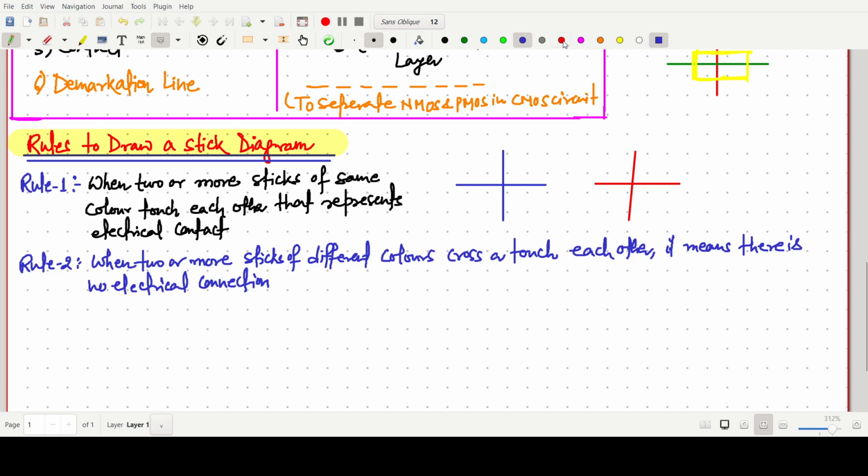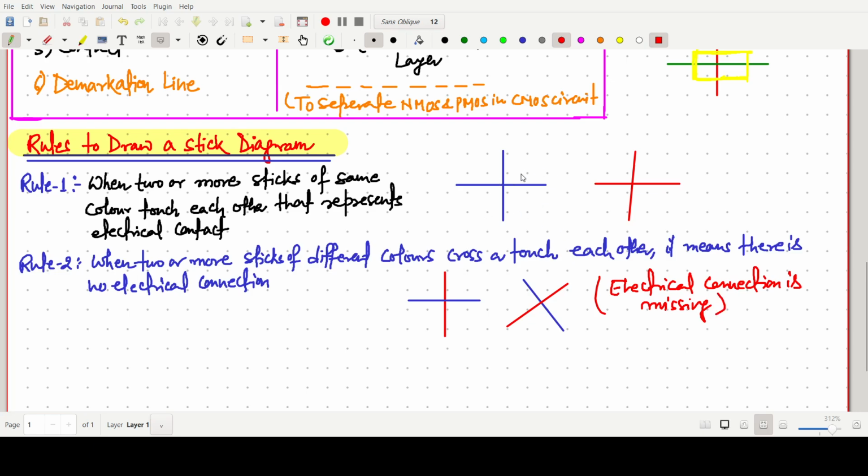So what it means is, if some red is there and blue, it doesn't mean that it is connected. Electrical connection is not there, the connection is missing.